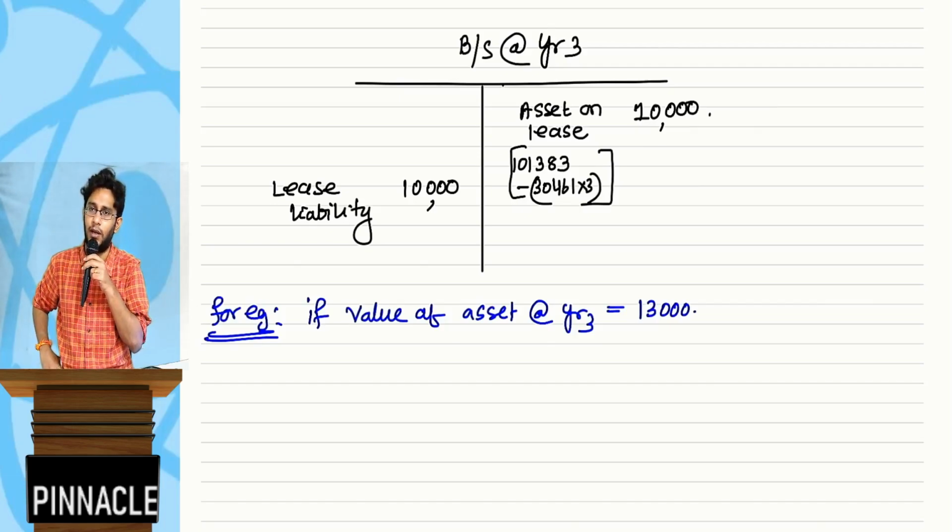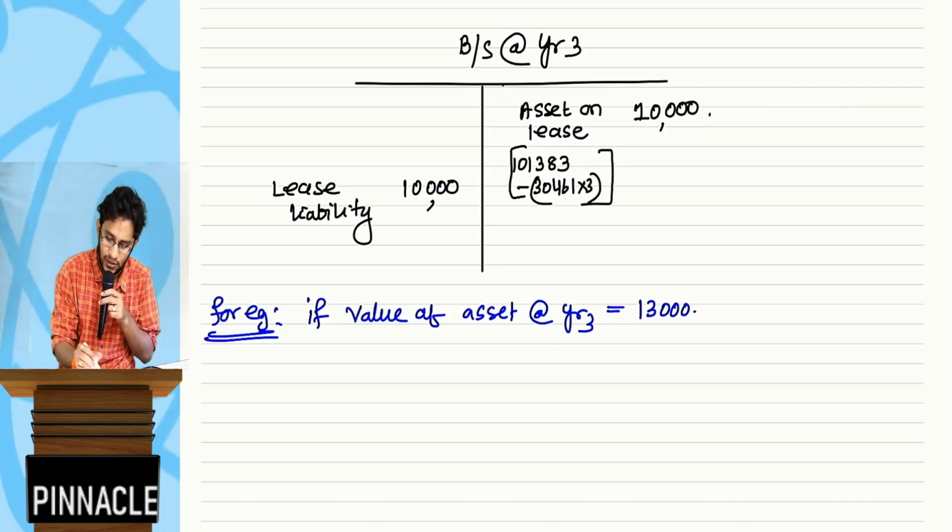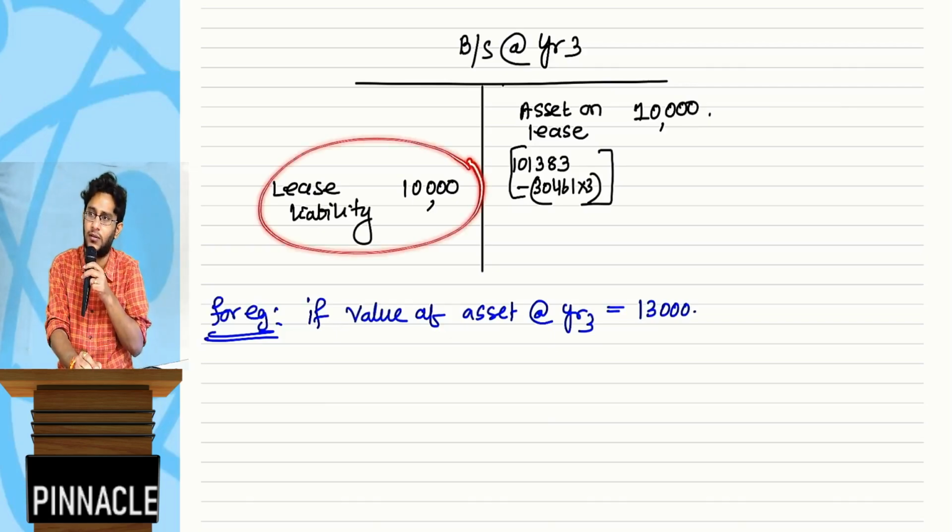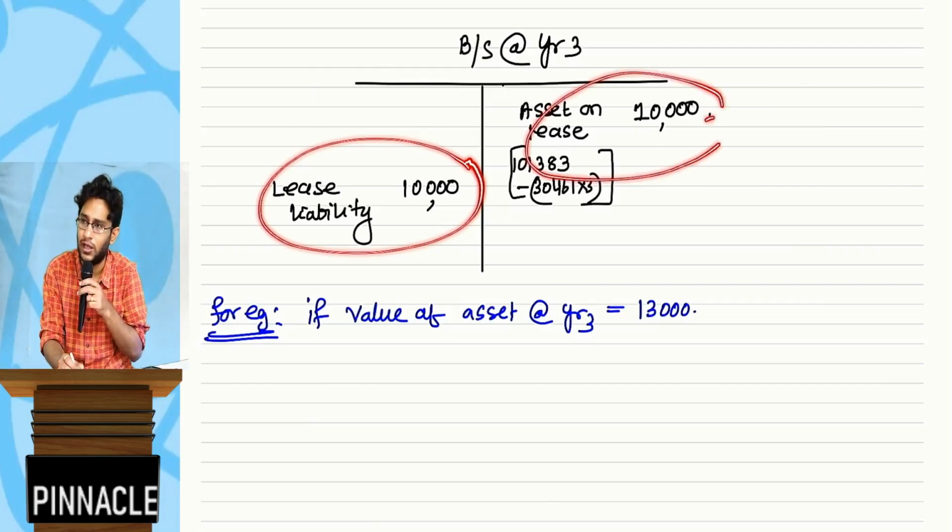How much do I have to pay to the lessor? Zero? Sure? Why zero? I promised that the asset value will be equal to 10,000, but actually the asset value is 13,000. Do you need to pay any compensation to him? Nothing. Until you ask yourself, is the liability there or not? In the books it is there, but do I really have to pay? No. The asset also is going away.